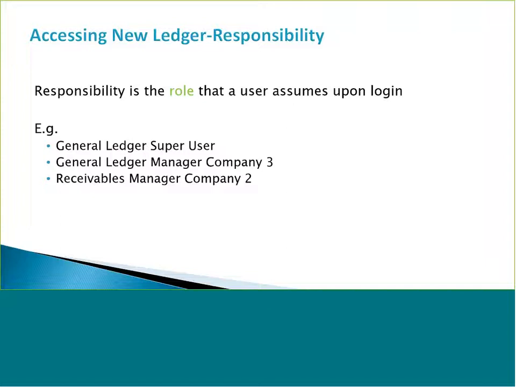You can have a general ledger manager for one company using some security rules or data access concepts that we are going to look at later. You can have a responsibility that allows the person assigned that responsibility to only view certain menu options. And you can also have a receivables responsibility, which is linked to the receivables module.